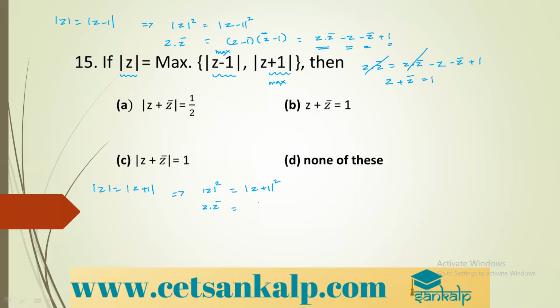And modulus of Z plus 1 square, I can write Z plus 1 into Z bar plus 1. Suppose if I multiply Z into Z bar plus Z bar plus 1, I will get, because this side also I have Z into Z bar, these two will cancel. And I will get Z plus Z bar equal to minus 1.